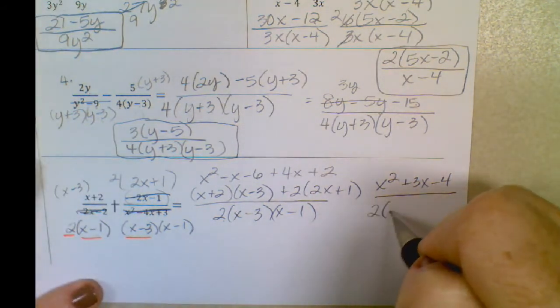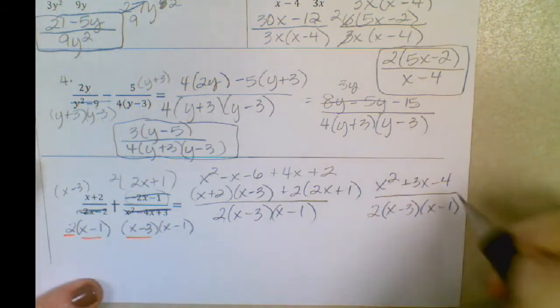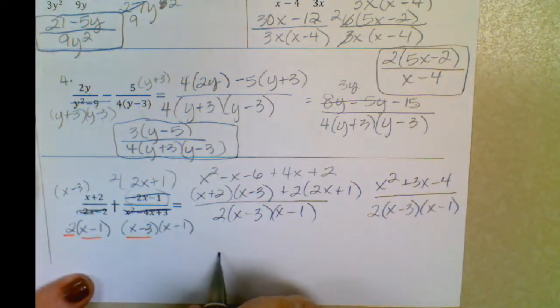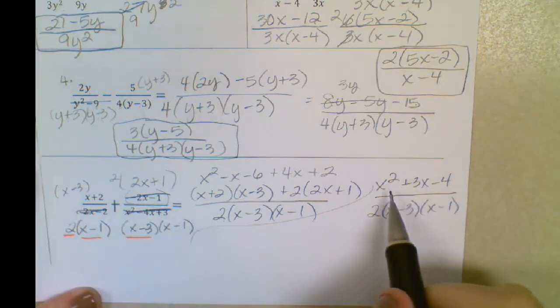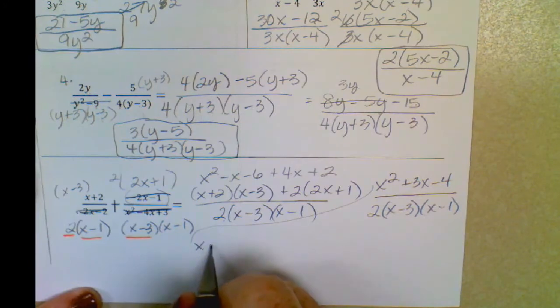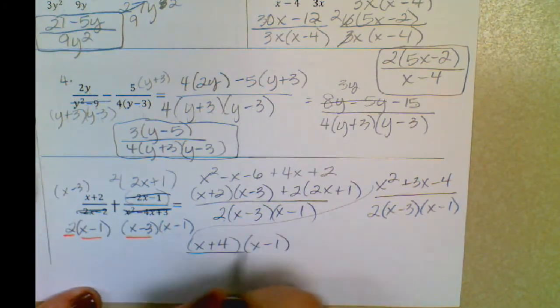So actually, I'm going to leave this in factored form for now. I have a feeling that one of those is going to look the same. So now if I factor the top, the two numbers that multiply to -4 that add up to 3 would be x plus 4 and x minus 1.